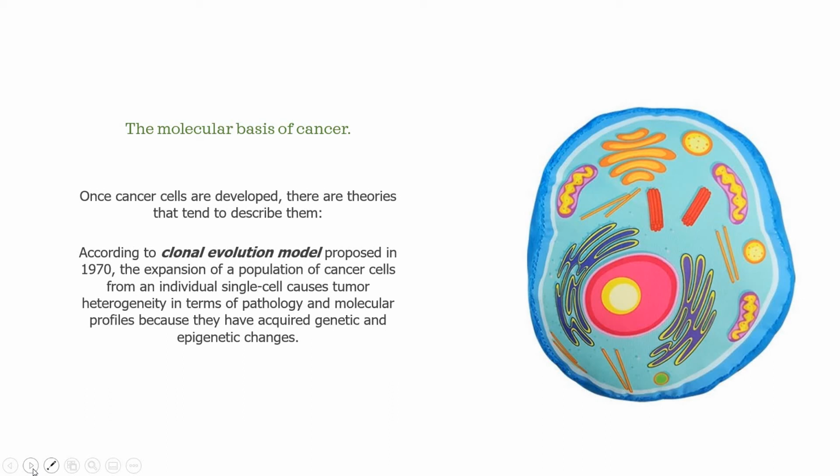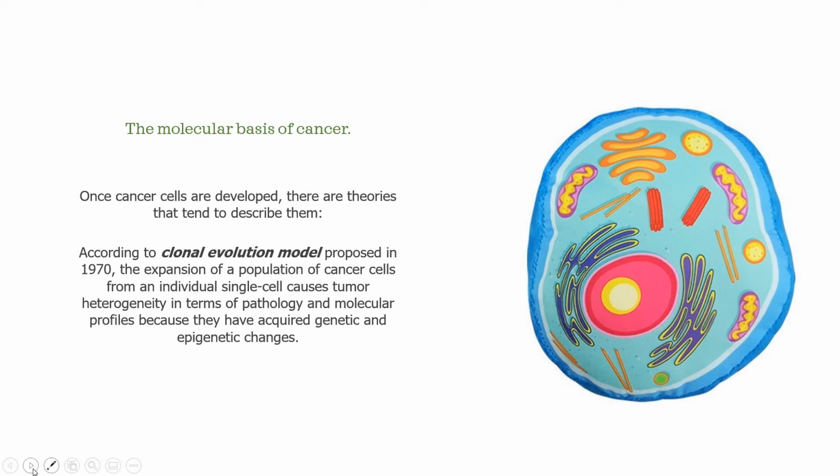According to this, clonal evolution model is a theory, or a model that describes how cancer progresses. So, since ang isang normal na cell, ang nangyari sa kanya is nagkaroon ng mutation, tapos ngayon, it produced daughter cells that lost control of cell division.